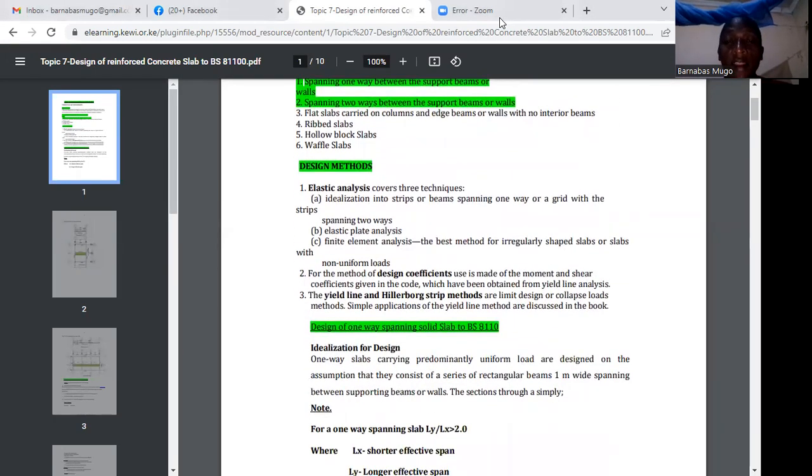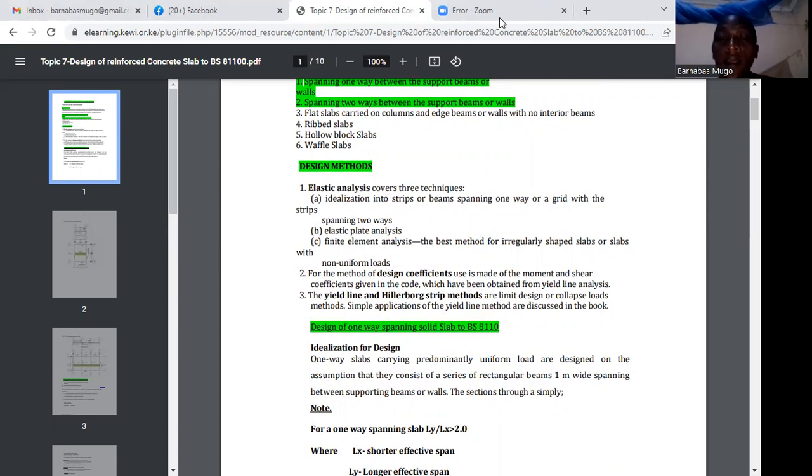In the design of the slab, there is something that is called the elastic analysis, and this only covers three techniques. That is idealization into strips or beams, whereby we are going to look at a slab as a series of beams that are joined together.